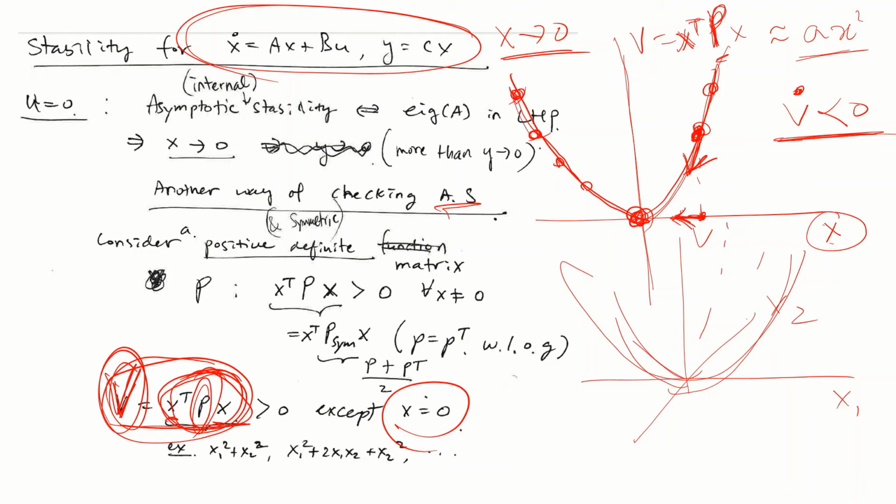So it looks like this over this x space. Now you can define this graph of V, and if V has this property, that over time V dot is always negative, then V must go to 0, right? And when V reaches 0, x must be 0 because of the definition of the positive definite matrix P.